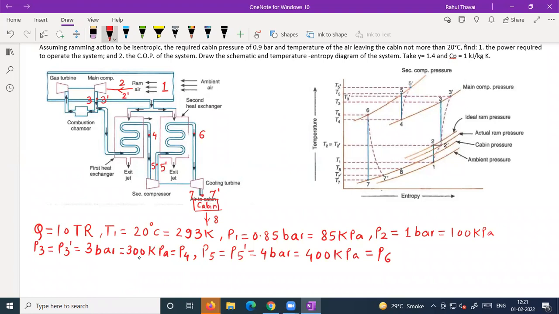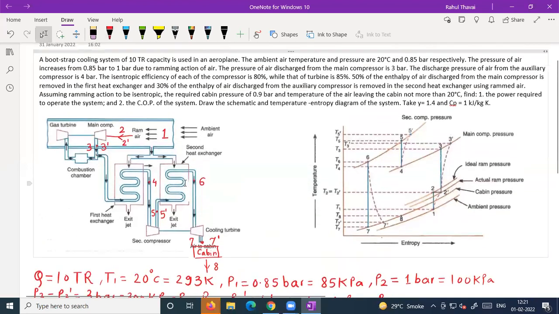That is P3 or P3 dash, and it is the same as P4. The same thing is going to happen with this heat exchanger. Whatever pressure is available at the inlet, that is P5 or P5 dash, is the same as the pressure available at the exit of the heat exchanger. Is that okay? Yes, let me know.